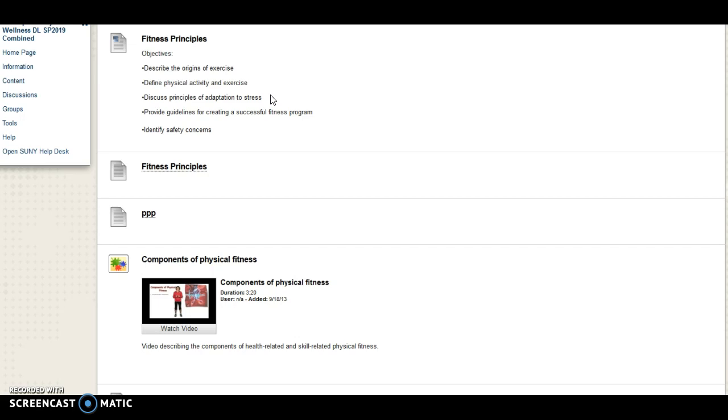But in order to get or improve any of those components, you must do a workout. Every single workout has three parts. Those three parts include a warm-up, always a functional dynamic warm-up, followed by the actual workout session, and then finished off with a cool down process, which includes static stretching.